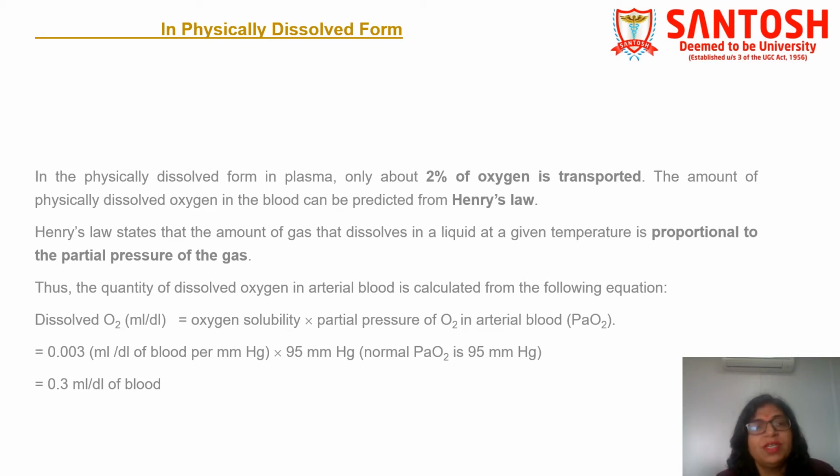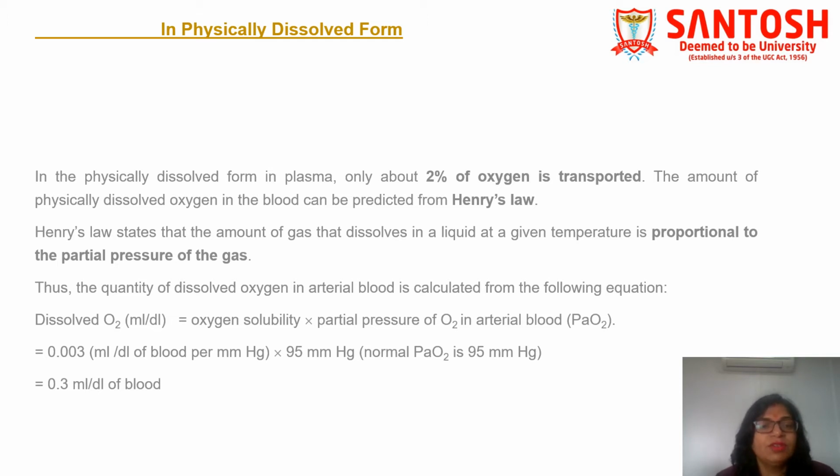The amount of physically dissolved oxygen in the blood can be predicted from Henry's law. Henry's law states that the amount of gas that dissolves in a liquid at a given temperature is proportional to the partial pressure of the gas. Thus, the quantity of dissolved oxygen in arterial blood can be calculated from the following equation.